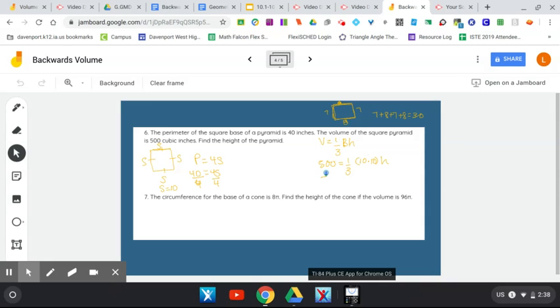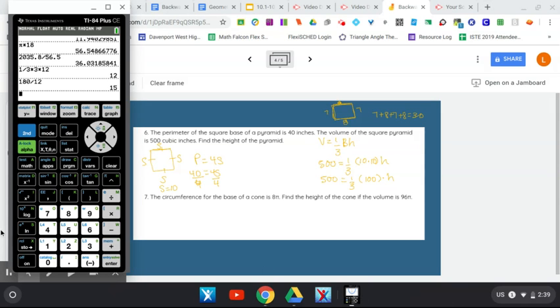So I have 500 equals 1/3 times 10 times 10, which is 100, times the height. Well, let's type in 1/3 times 100 and see what we get. And we should get 33.3. Whoops, times the height.